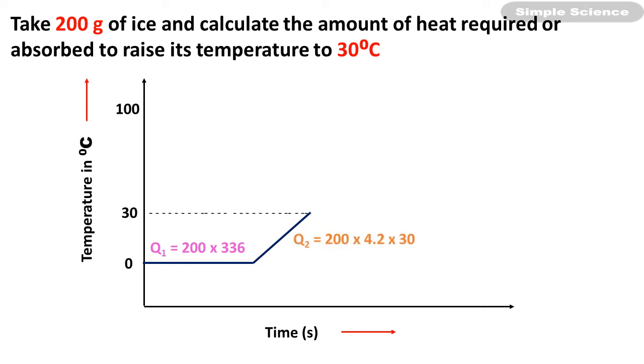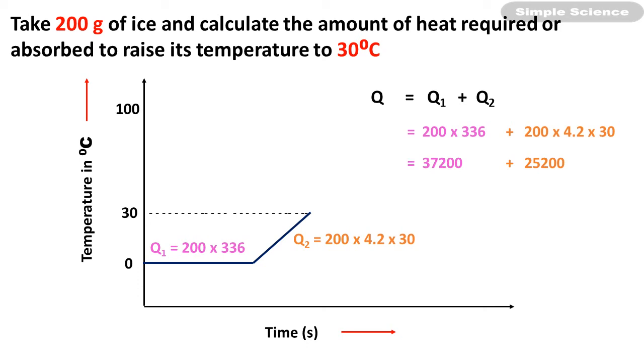And then in this case the heat absorbed will be mc delta T, where m is mass, c is specific heat capacity of water, and delta T is change in temperature from 0 to 30, rise in temperature. So now Q is equal to Q1 plus Q2. Here only 2 stages where heat is absorbed because ice is already at 0 degrees Celsius. So substitute the values and do the calculation and you will get your answer.